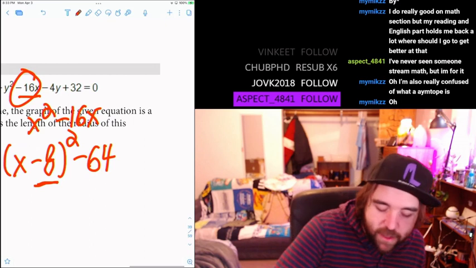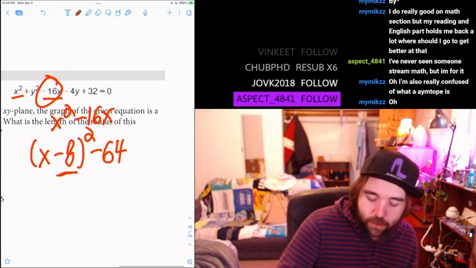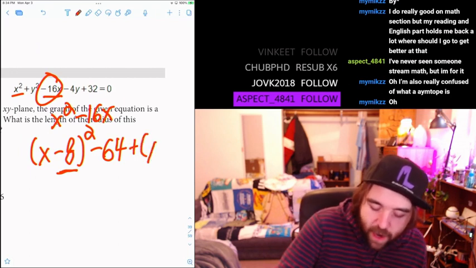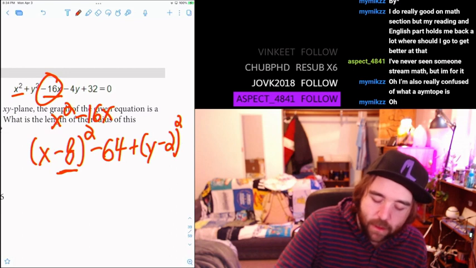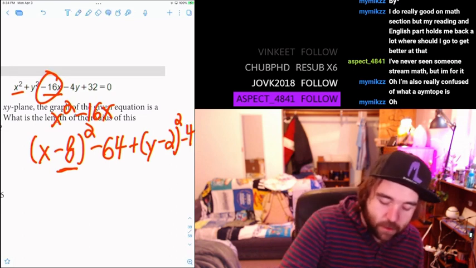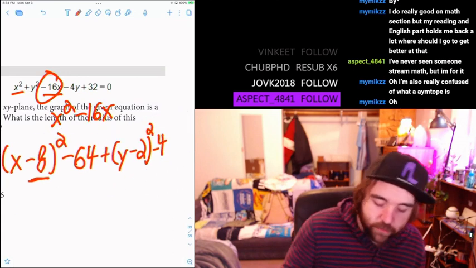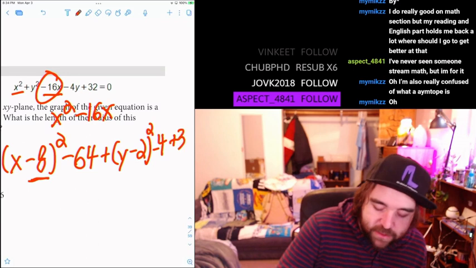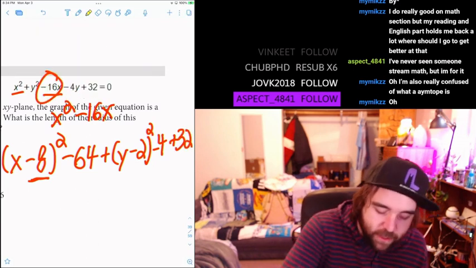So what's next? Now we just do that for the y's. We'll stick with the same color. So we do the exact same thing. We have y, it's -4, so half of that. And then minus that number squared. Let's move it over. So we still have, don't forget that, we still have the plus 32. So let's do some quick highlights. So what are we really saying here?